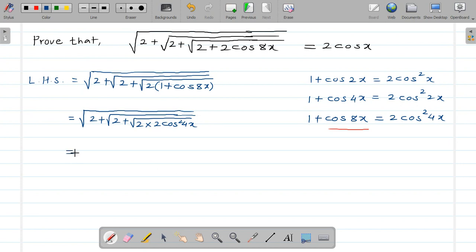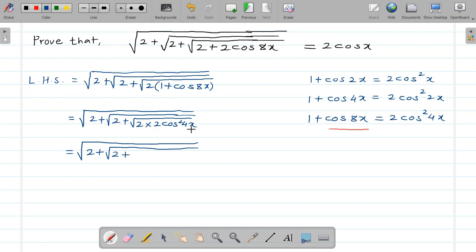So what happens? I will write 2 plus under root 2 plus, and in this square root there is 2 into 2, 4 times cos square 4x.